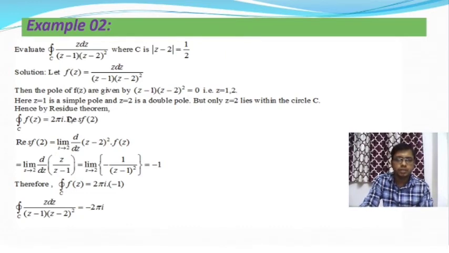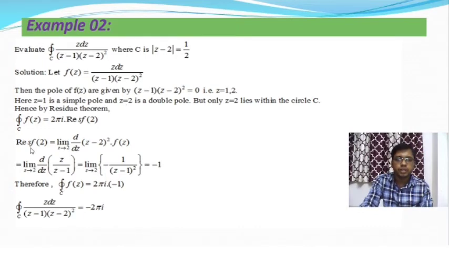By the residue theorem, the closed integration over C of f(z) dz is equal to 2 pi i into the residue of f at the point z is equal to 2. At the point z is equal to 1 the residue is 0. So now we are going to find the residue at z is equal to 2, which is a double pole of the function f of z.